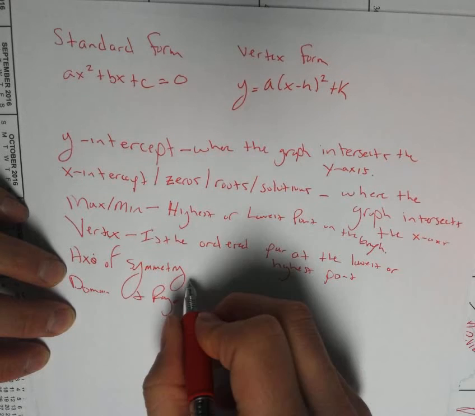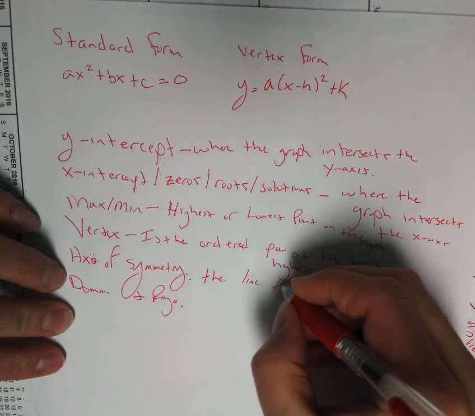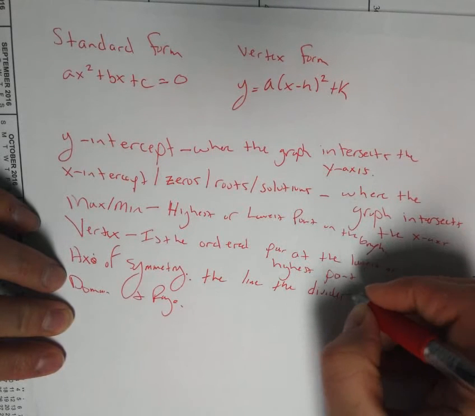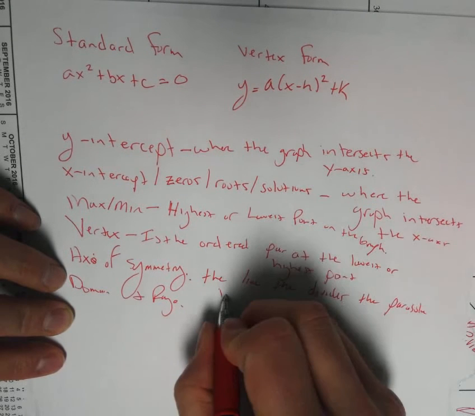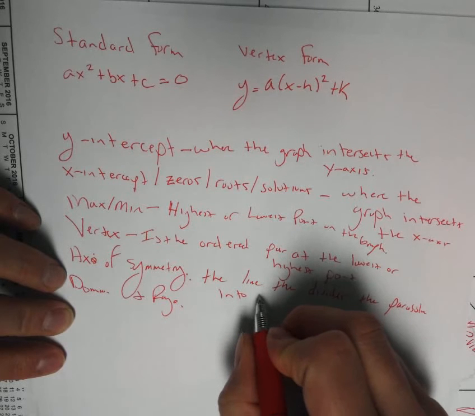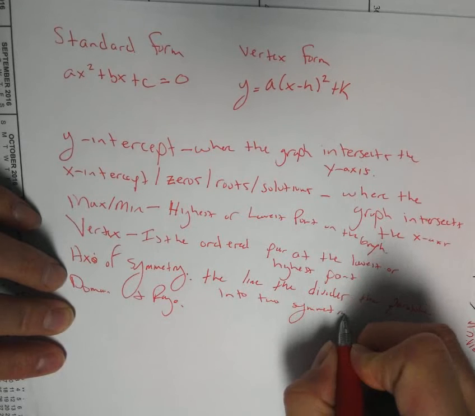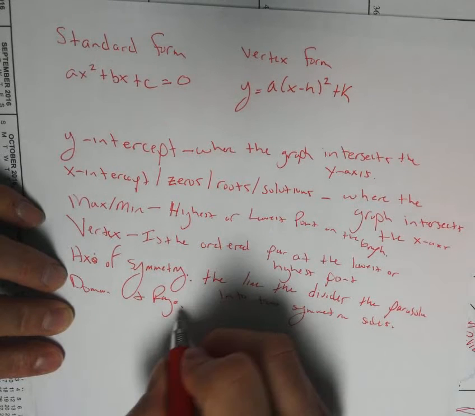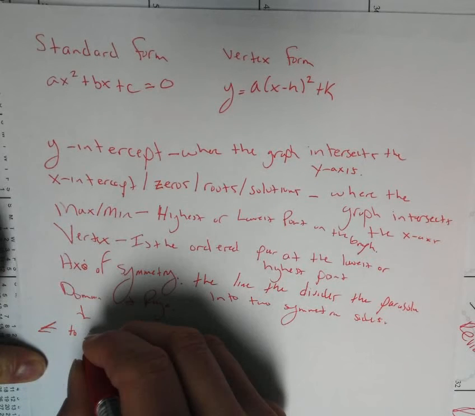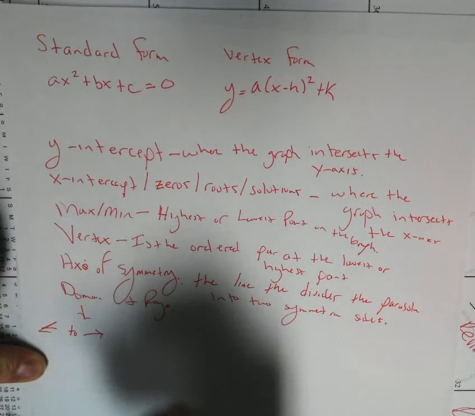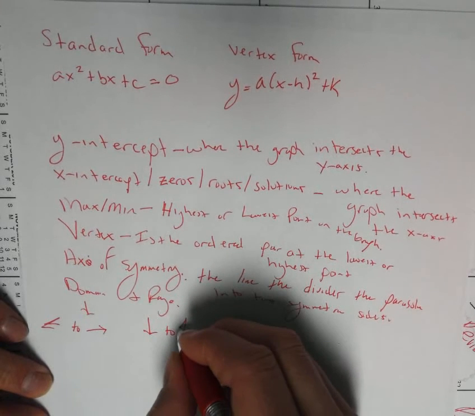Axis of symmetry, this is the line that divides the parabola into two equal sides, into two symmetric sides, sorry. Domain and range, domain is left to right, and that's how far left to right a graph will go. Range is how far down to up a graph goes.